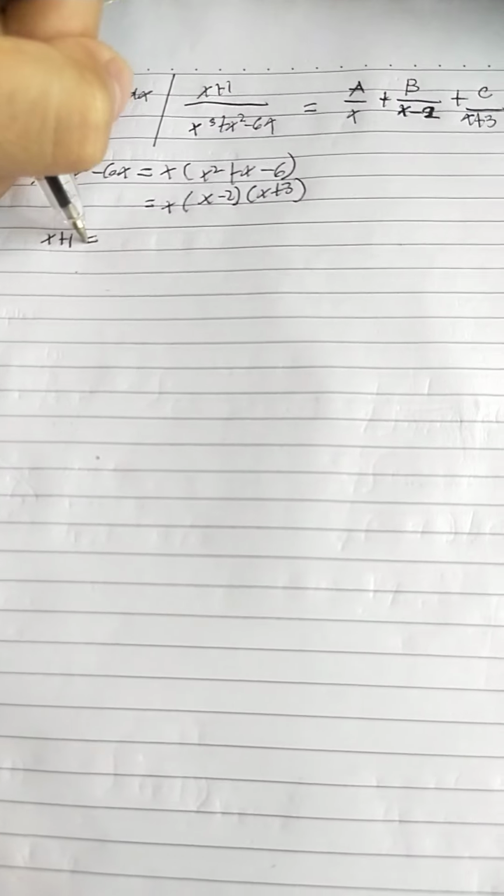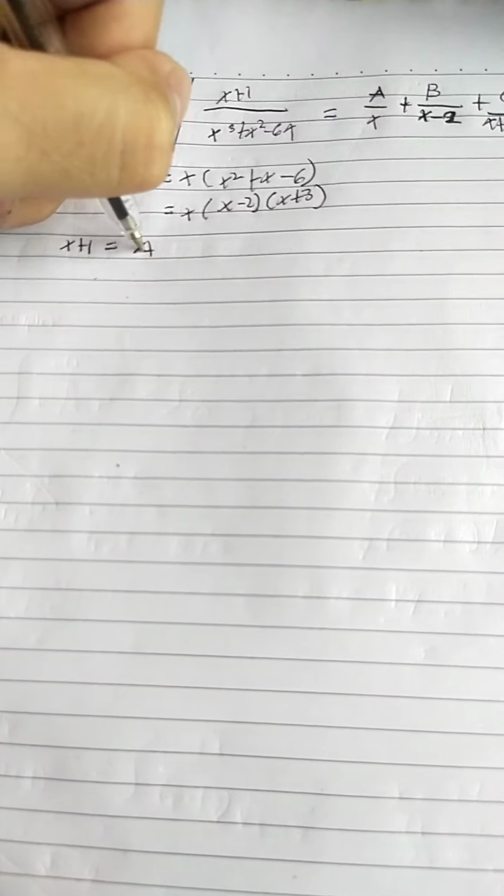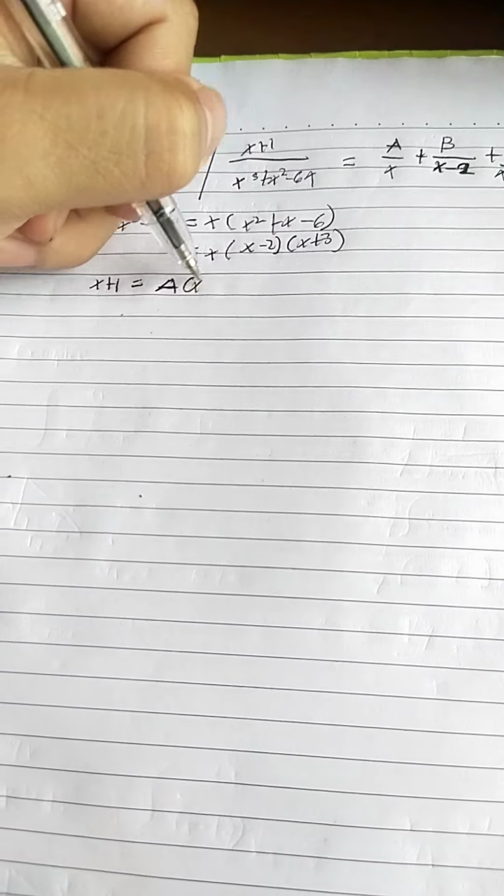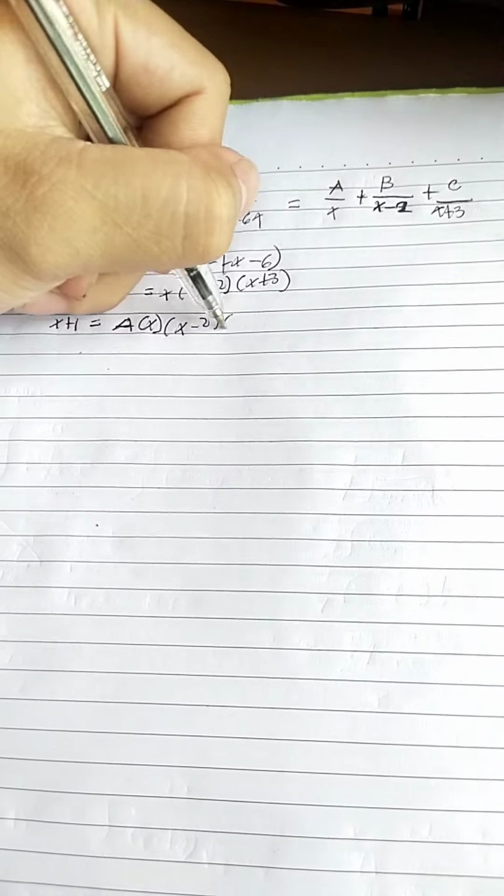So x plus 1 is equal to a times x times x minus 2 times x plus 3 all over x plus b times x times x minus 2 times x plus 3 all over x minus 2 plus c times x times x minus 2 times x plus 3 all over x plus 3.